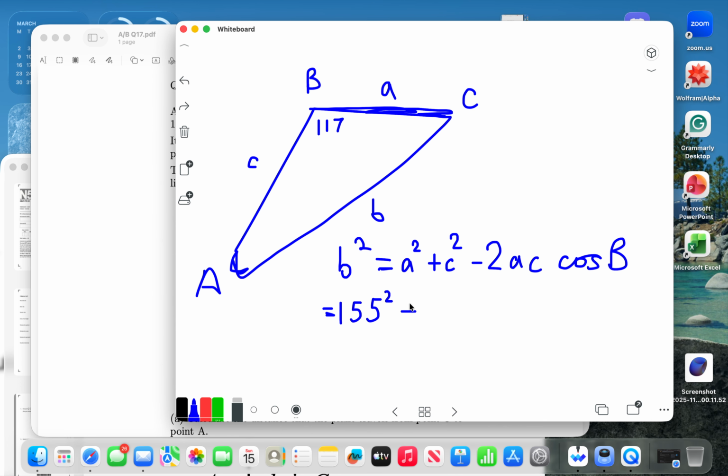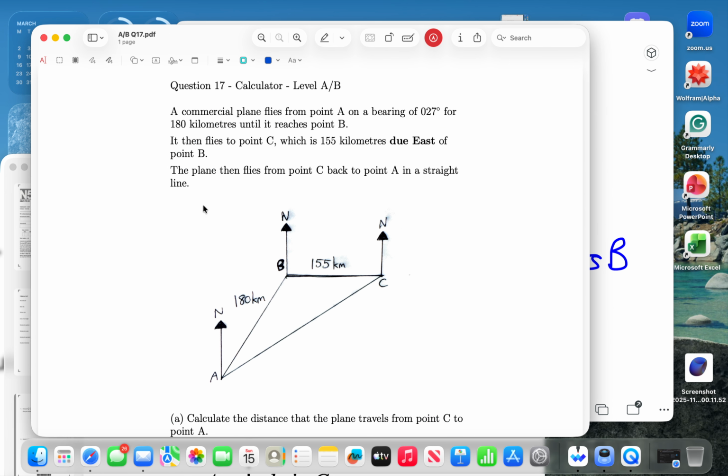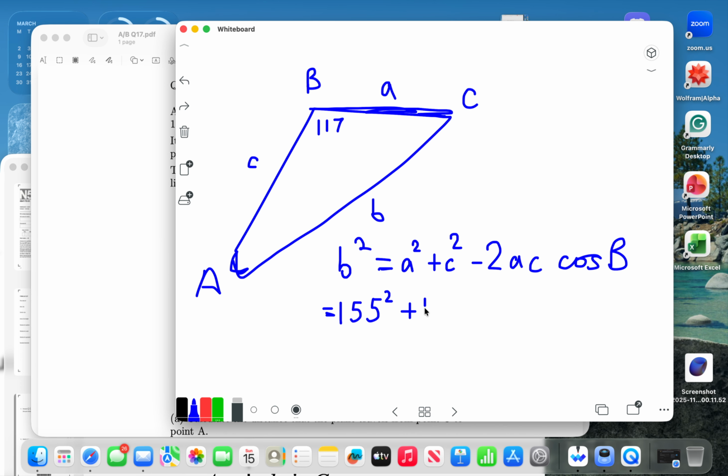C squared, well, C is AB, and that's 180 squared, minus 2 times 155 times 180 times the cosine of the angle capital B, which is 117.